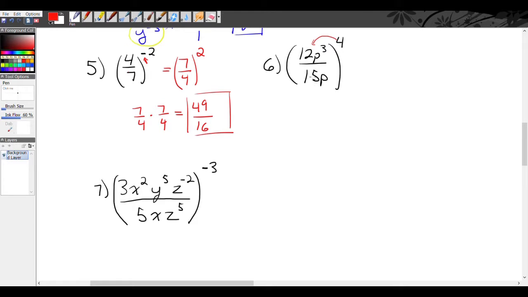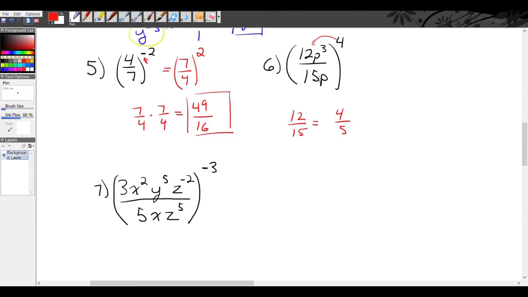Or down here, 15 times 15 times 15 times 15, that's big. But let's stop and think for a minute, because we know about simplifying fractions, correct? If you had the fraction 12/15ths, what would you simplify that to? I could divide both 12 and 15 by 3, so this would become 4/5.